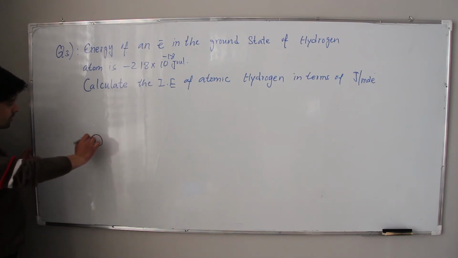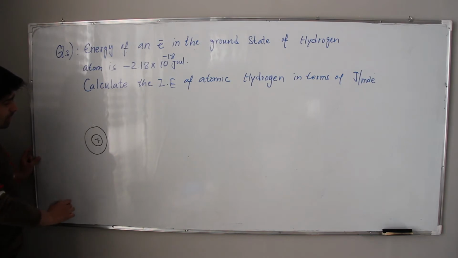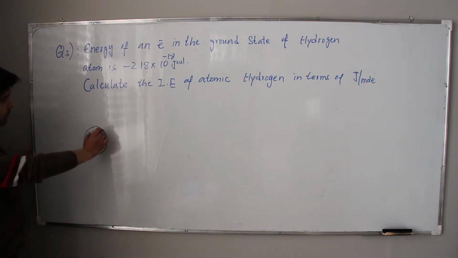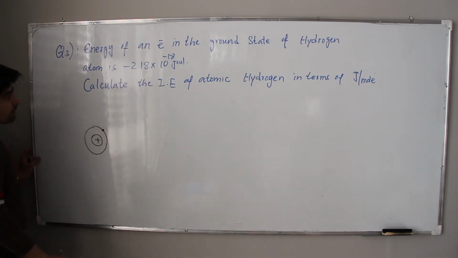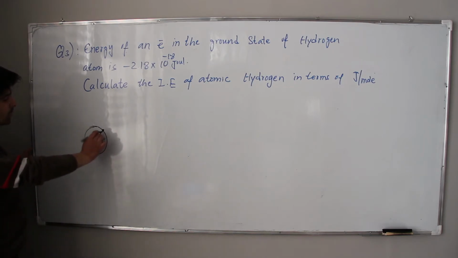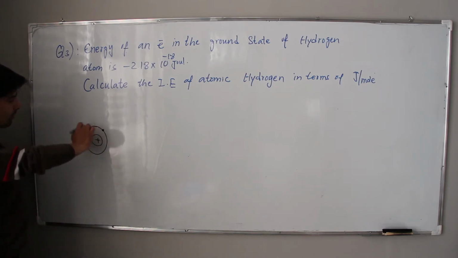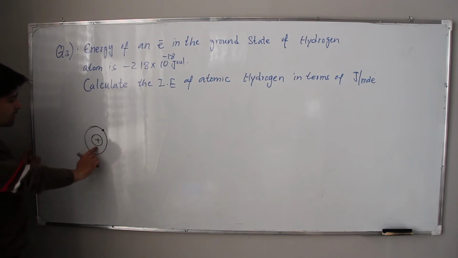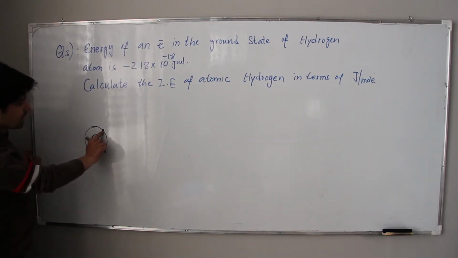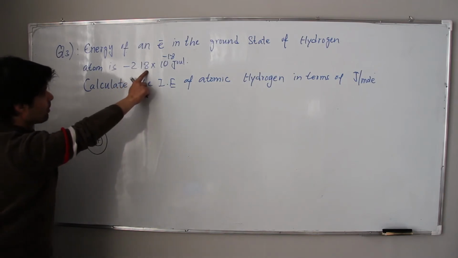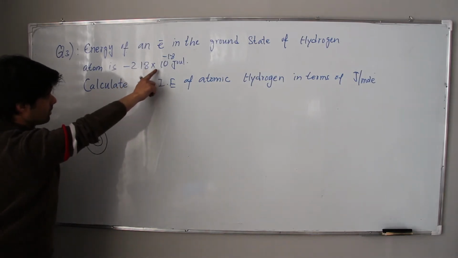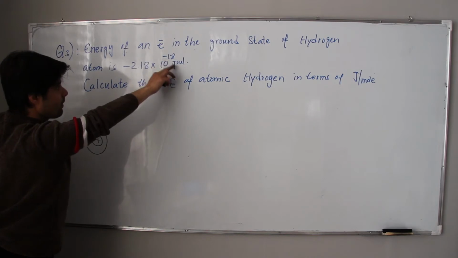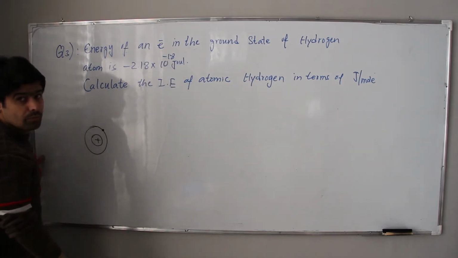If you consider, for example, an atom of hydrogen, one atom. This is the nucleus, and we have the electron here. Now, this electron, which is revolving around its nucleus, has energy of minus 2.18 times 10 to the power minus 18 joule.